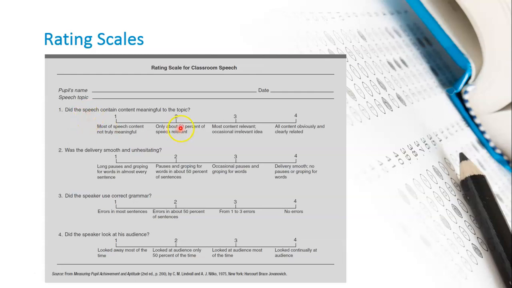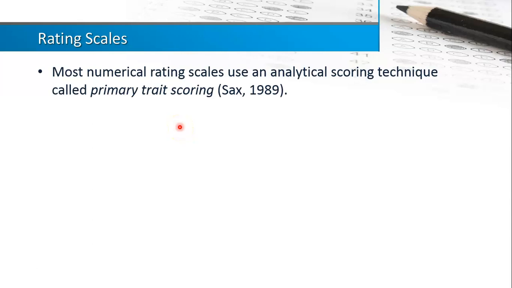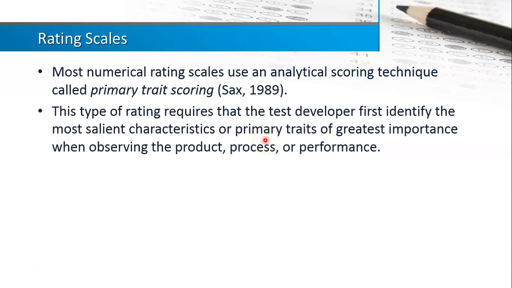Okay. So another one usually used in analytical scoring technique is called primary trait scoring, which was developed since the 80s. So for the test developer or for teachers, they will have to identify the most salient or most important characteristics or traits when trying to observe the product or process of performance.